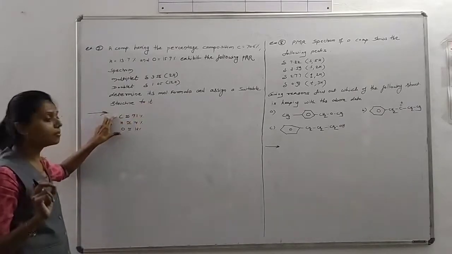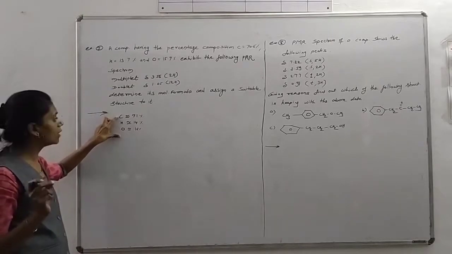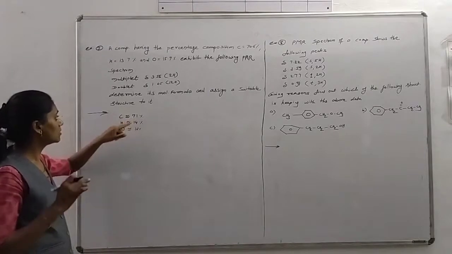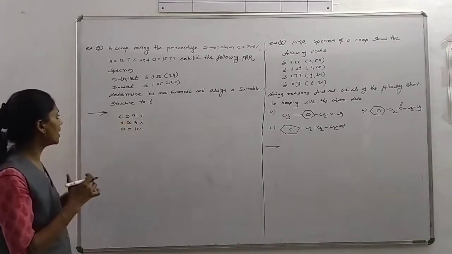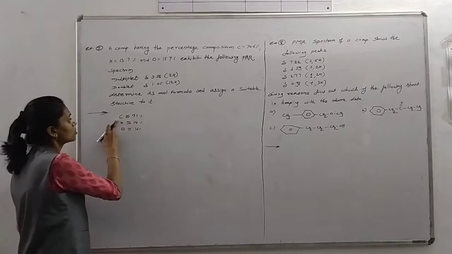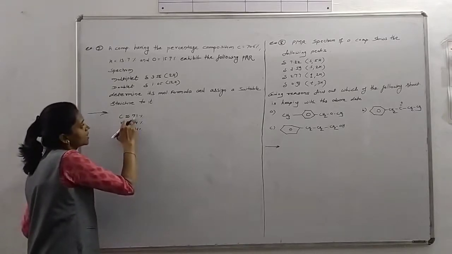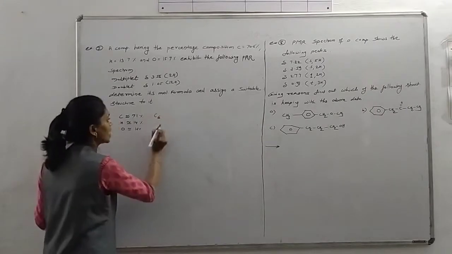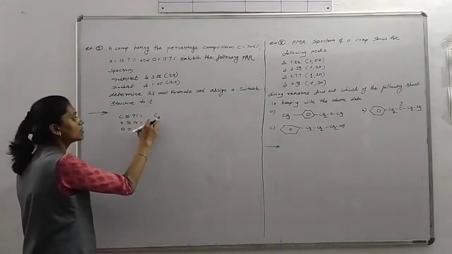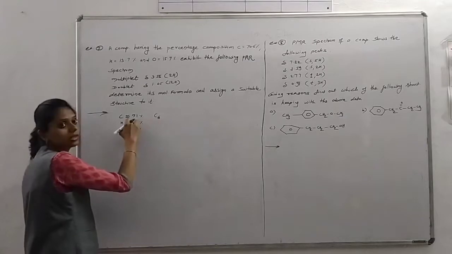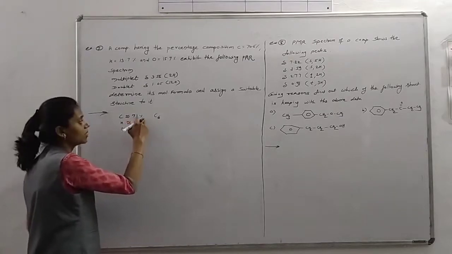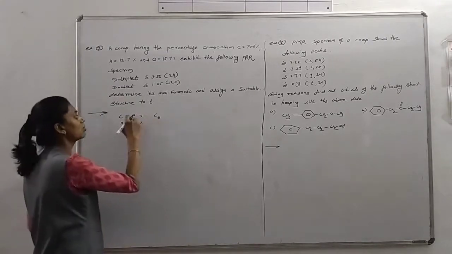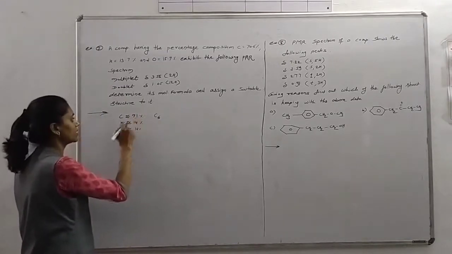For this we take the mass of carbon as 12. When we take carbon atoms of mass 12, we get 6 carbon atoms. So the mass of 6 carbon atoms is 72, since 6 into 12 is 72, which is approximately the 71%.